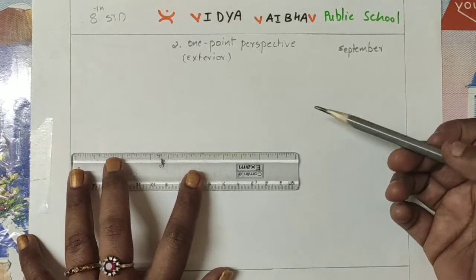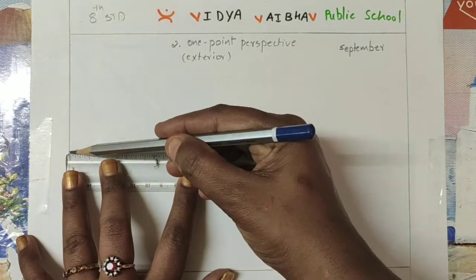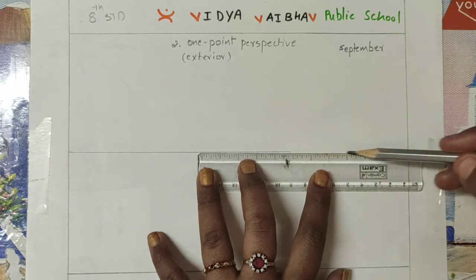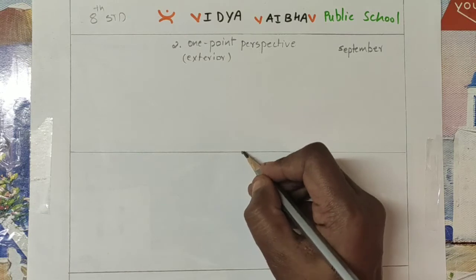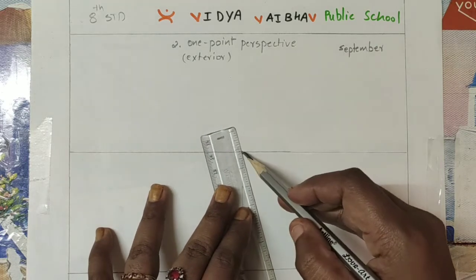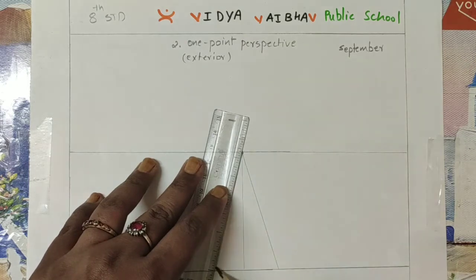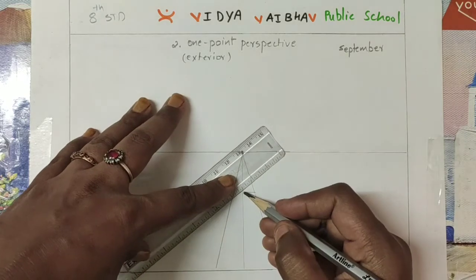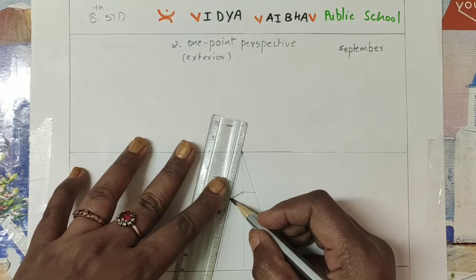And now draw a line exactly in the center like this, and then keep a point of 1 point in the center and draw 3 lines from the point, and draw one straight line and one slant line.